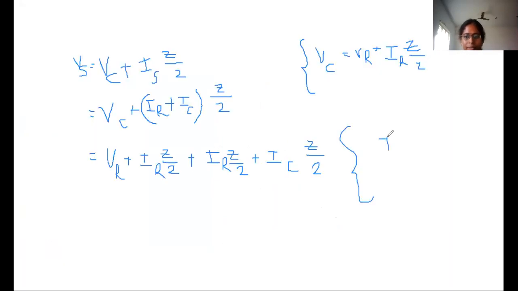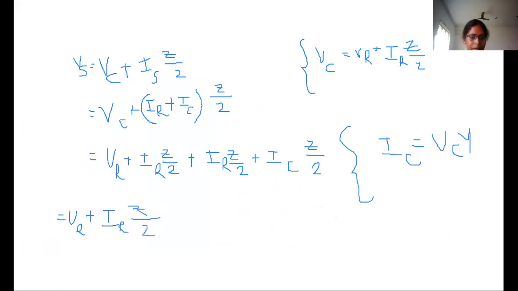So we know that the Ic value is Vc into Y. Okay, so right here Vr plus Ir into Z by 2 plus Ir into Z by 2 plus Ic value, Vc into Y into Z by 2.